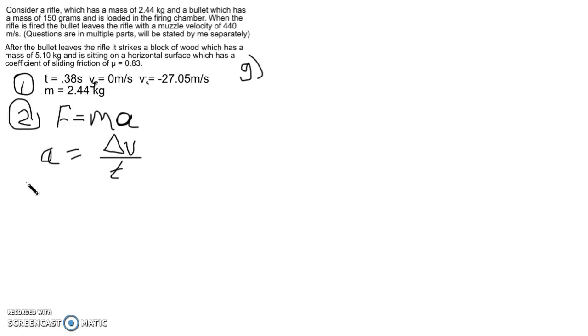So we have this information. We can just start substituting and finding answers. So let's do that. You have acceleration equals the change in velocity, which is the final velocity minus the initial velocity.